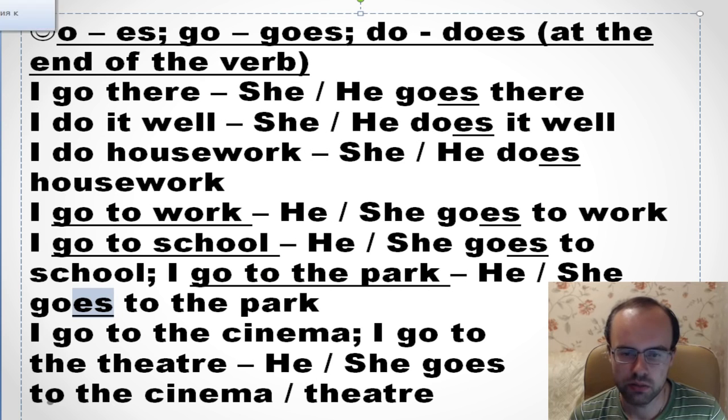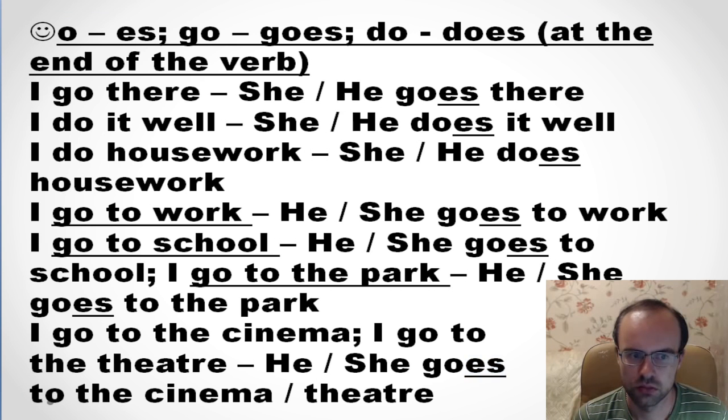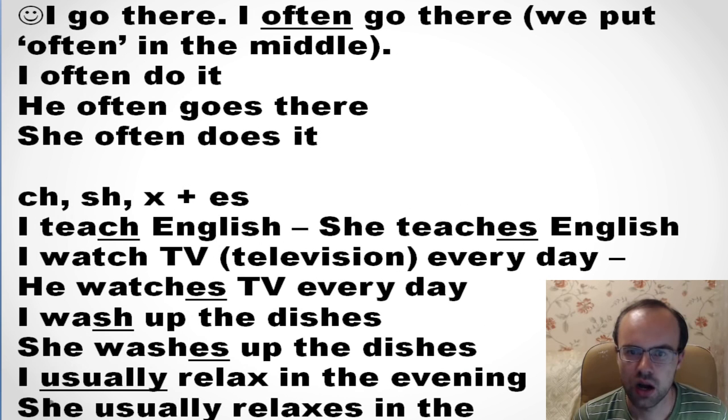I go to the cinema or I go to the theater, and we say he goes to the cinema. He goes to the theater. Next, I go there. I often go there.